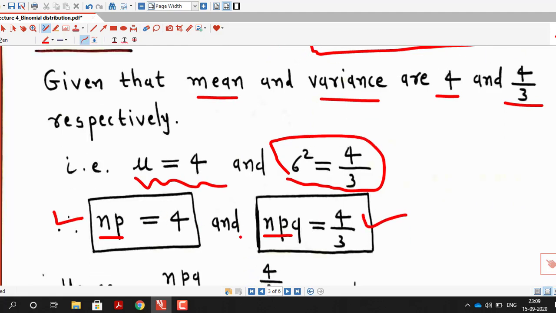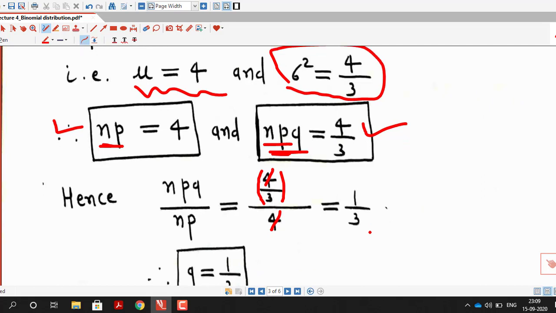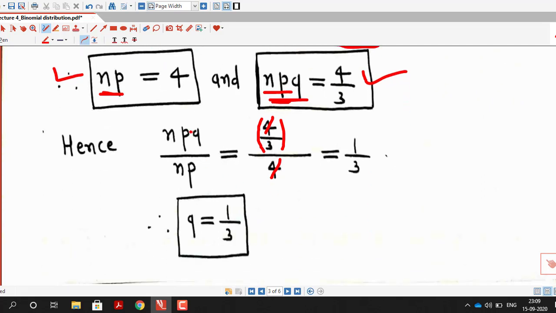If we divide these two equations, the division of the left hand sides, npq divided by np, equals the division of the right hand sides, 4 by 3 divided by 4. So 4 will cancel out and we are left with 1 by 3, and here n into p will cancel out and we are left with small q.